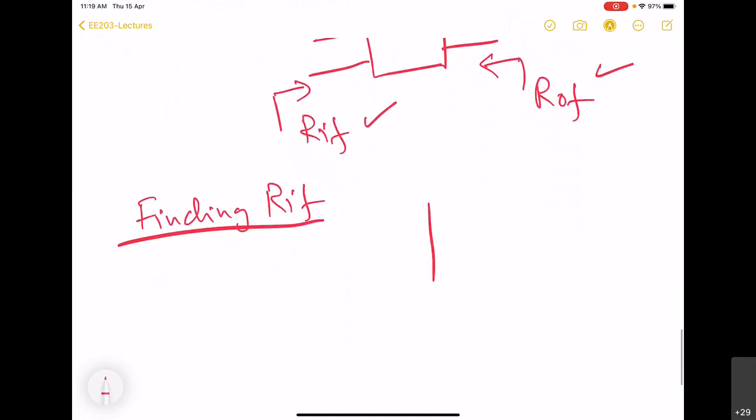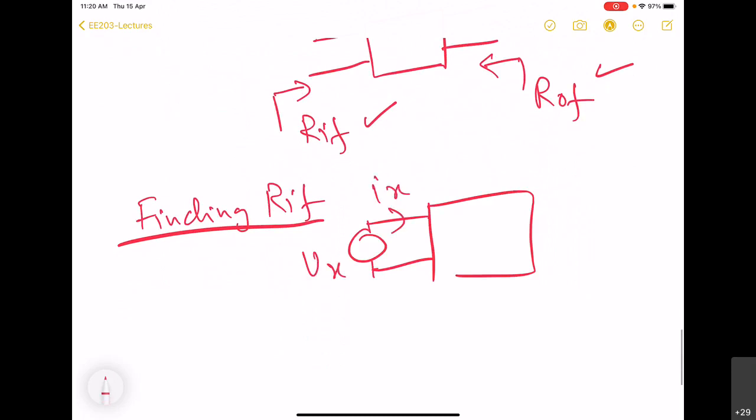And we know that when we want to find out RIF, the setup that we have to implement is the following. On the input side, we take an unknown source Vx, find out how much current it is driving into the circuit, and the output side is kept open. So RIF by definition is going to be like this.